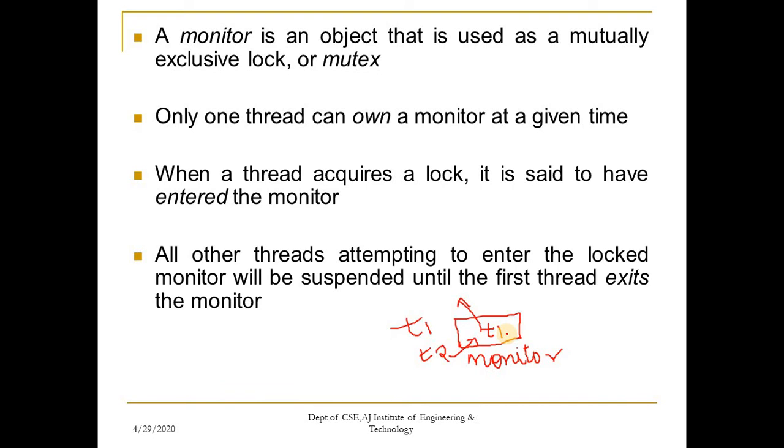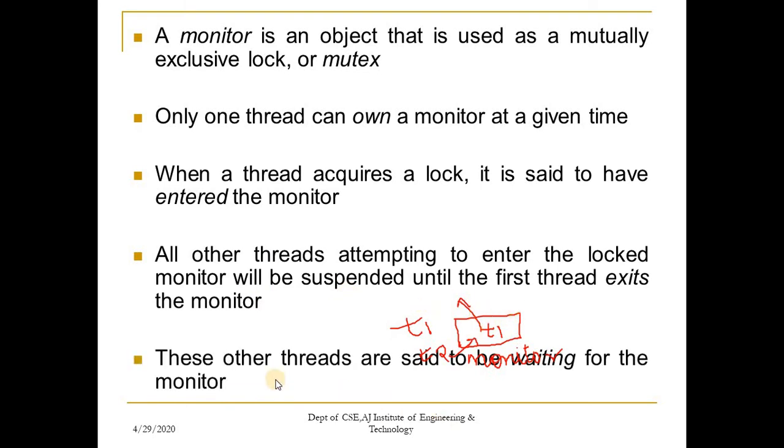In other words, only one thread can acquire a lock at a given time. All other threads have to wait until the first thread exits. These other threads are said to be waiting for the monitor.